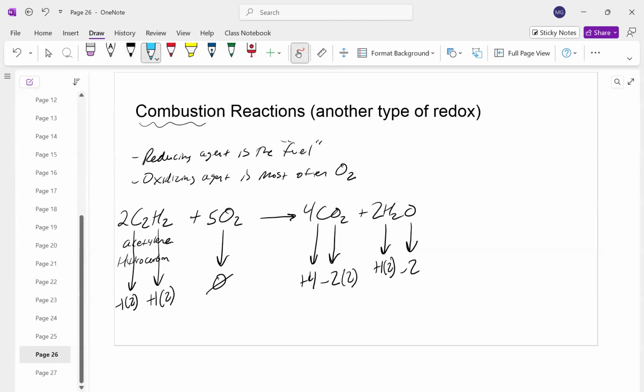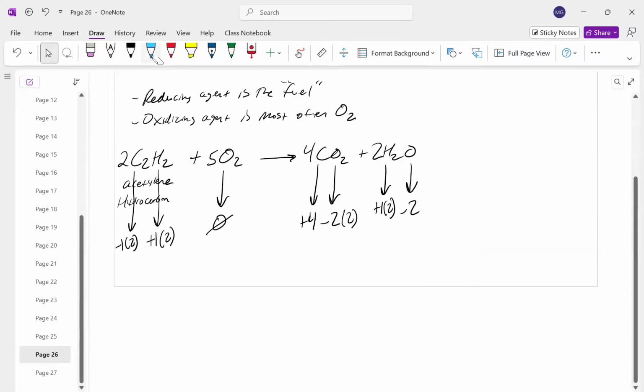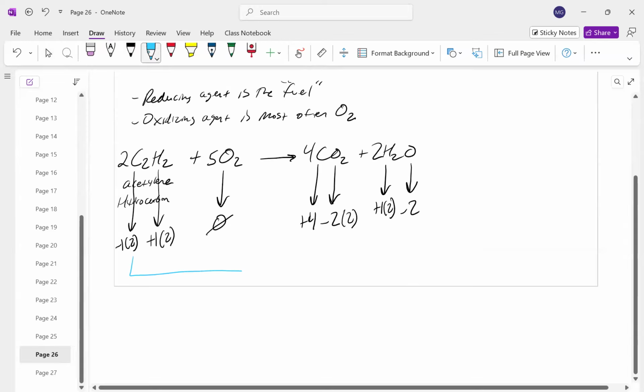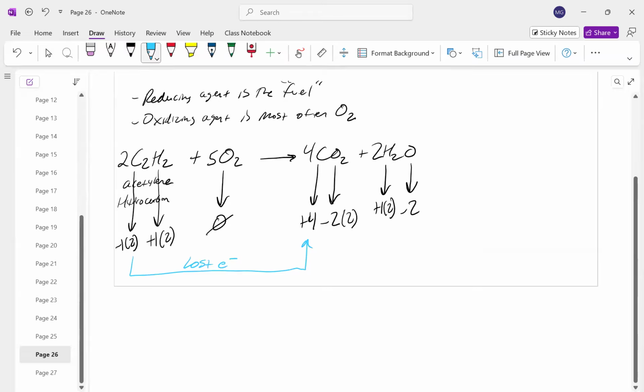So let's kind of identify what has happened here. In this case, carbon has gone from -1 to +4. Has to lose electrons to do that. And oxygen went from 0 to -2. It gained electrons. You can see that in both CO2 and water.